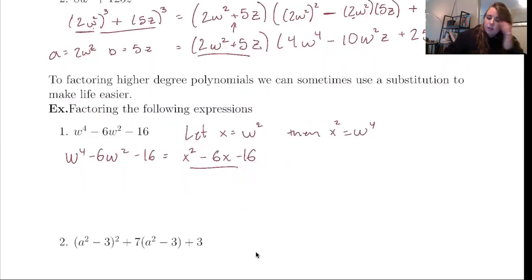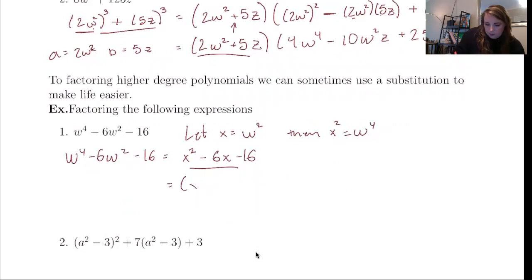So if we go and factor x squared minus 6x minus 16, things that multiply to negative 16 add to negative 6. 2 and 8.